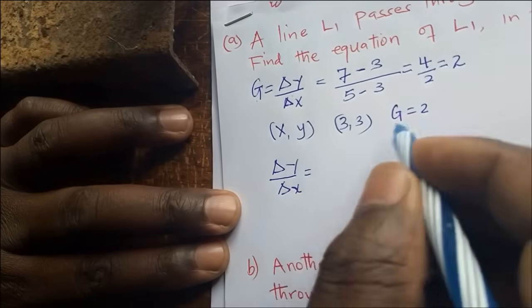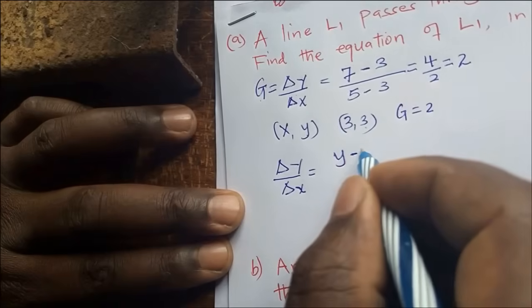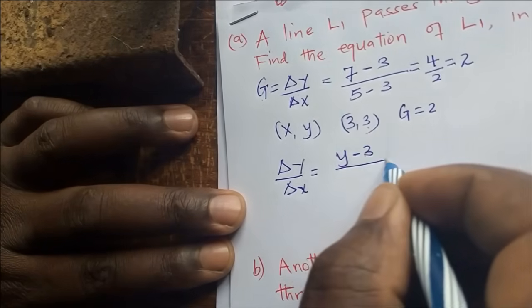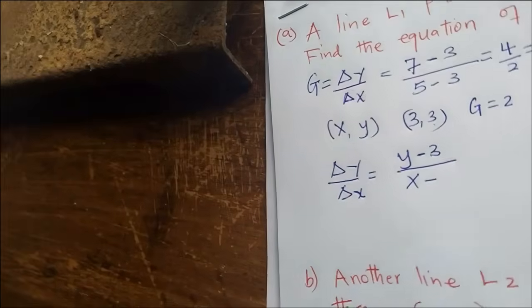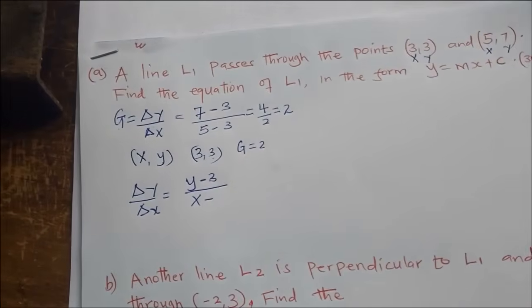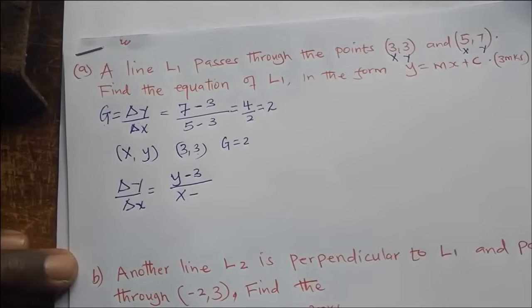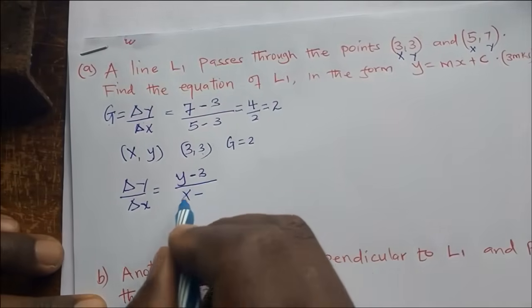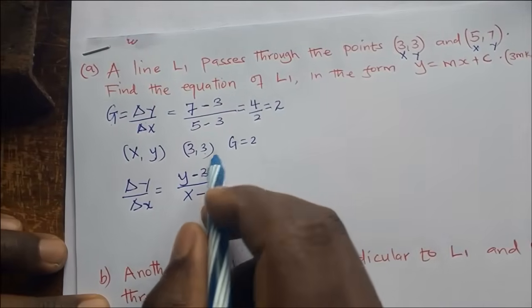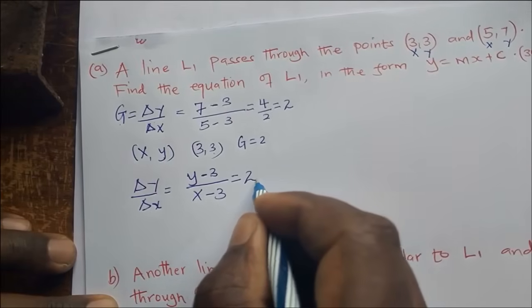So we take y minus 3 divided by x minus 3, and this one will give us the gradient, which is 2.